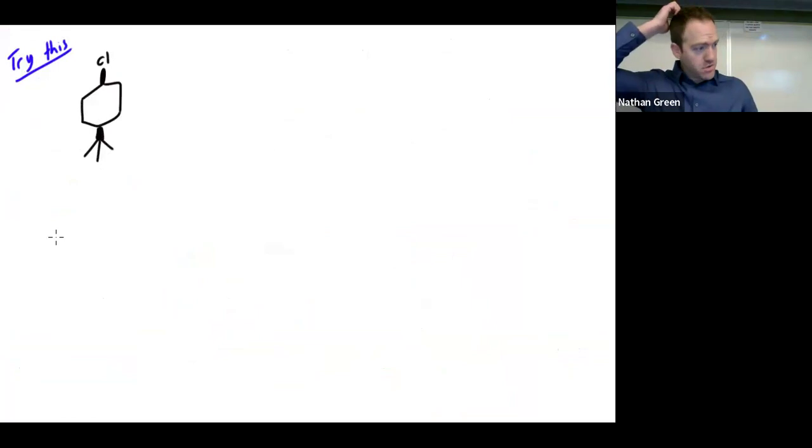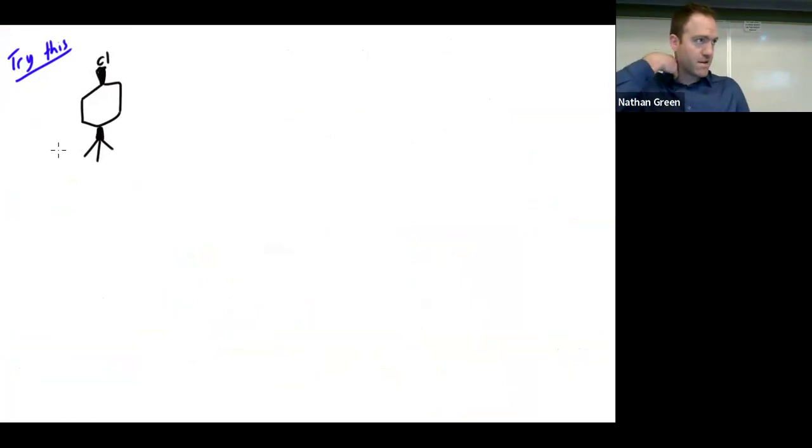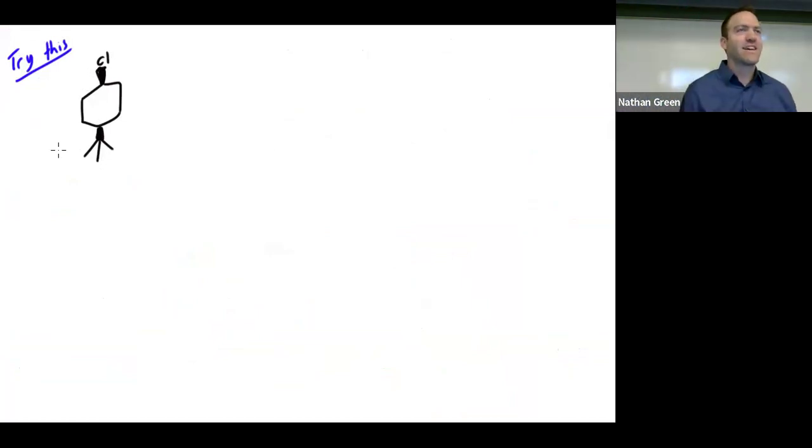I want you to draw 2 chair forms of that molecule. You like how here's really simple with 2 methyl groups, it's no problem, and here's a whole bunch of stuff. You can do it. Draw 2 chair forms.